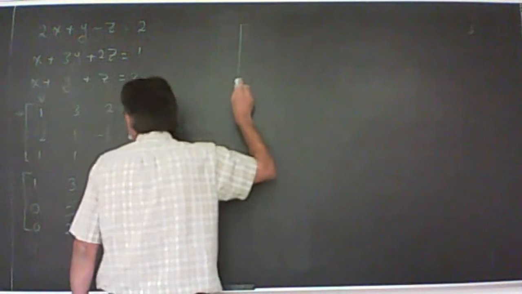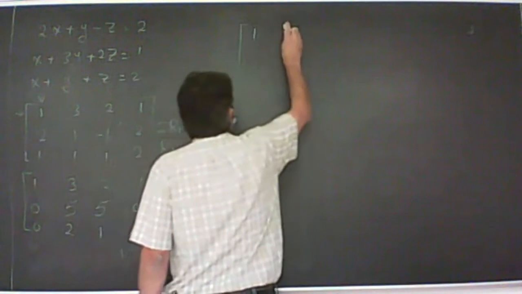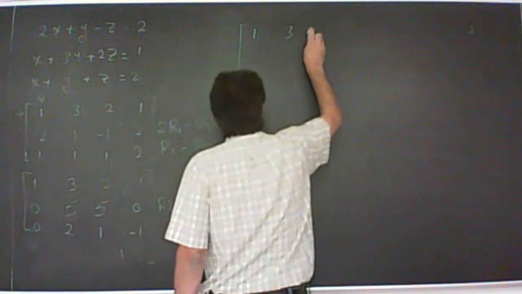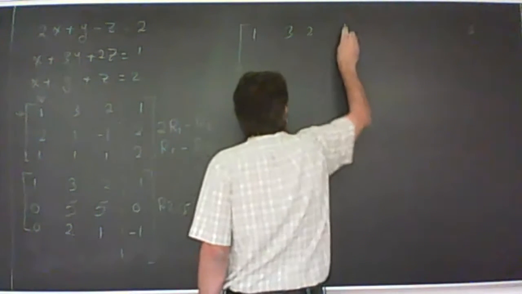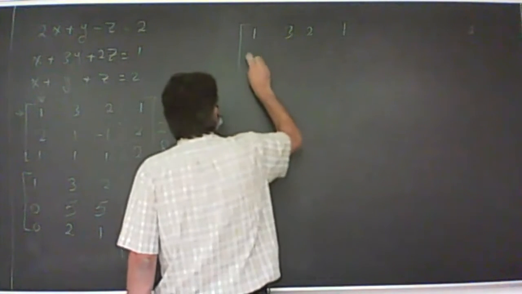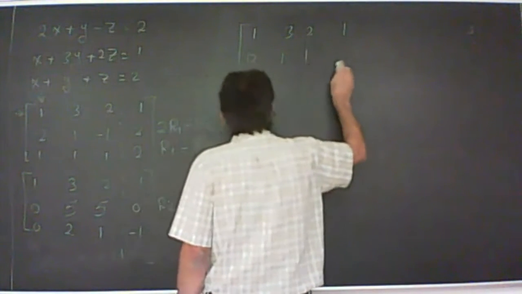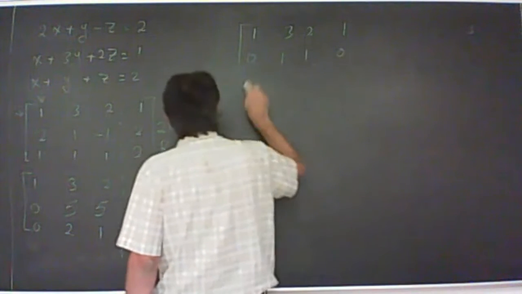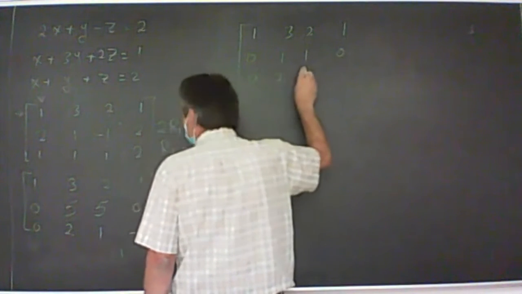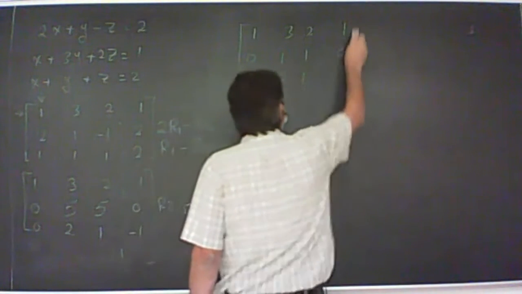So now we have the new system. We have 1, 3, 2, 1, 0, 1, 1, 0, 0, 2, 1, negative 1.